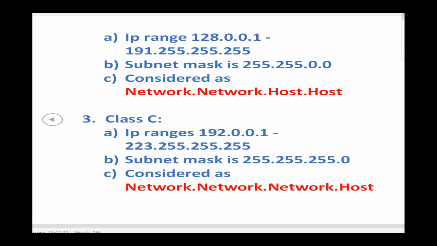Again, in class B also we have so many hosts, so if we don't want that many hosts, we will go for class C. In class C, the IP is from 192.0.0.1 to 223.255.255.255, and the subnet mask is 255.255.255.0. So here 3 octets are network octets and 1 octet is the host octet.